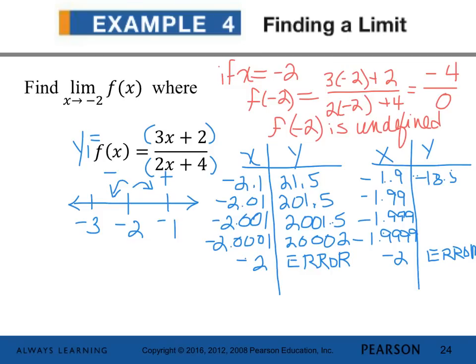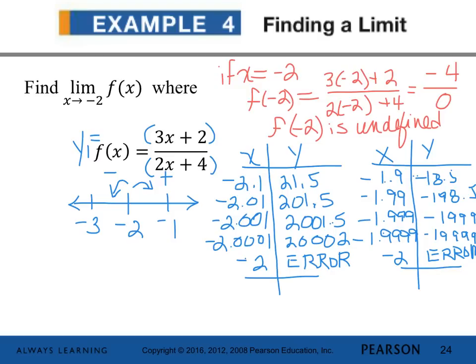At -1.99, I had -198.5. At -1.999, I had -1999. And at -1.9999, I had -19,999. And yet again, at -2, both cases, I got an error.